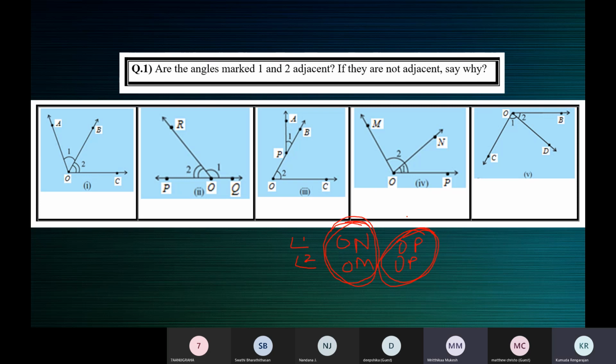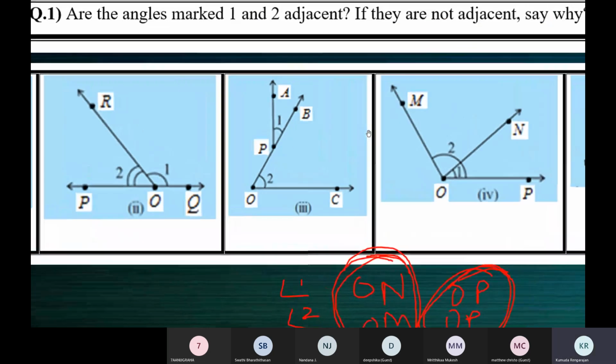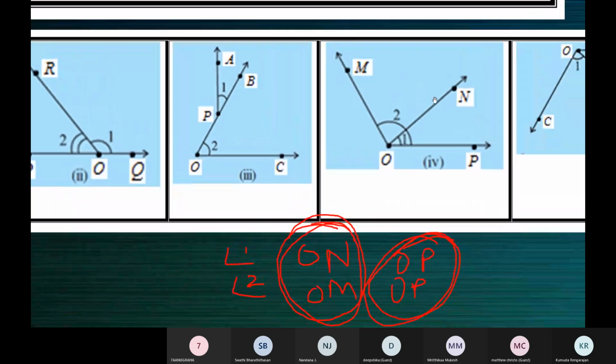Okay, now look at the arms OM and ON. Where is the common arm? OP, right? Yes, OP, ma'am. Do they lie on the same side of the common arm or opposite sides of the common arm?